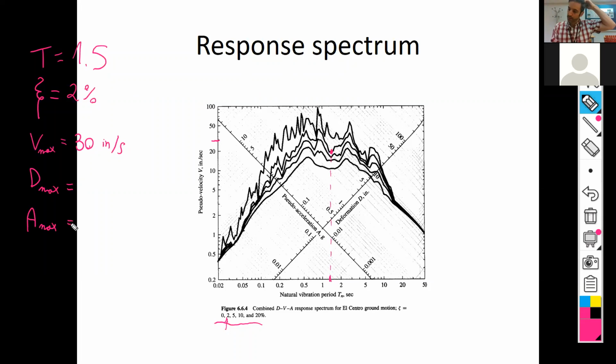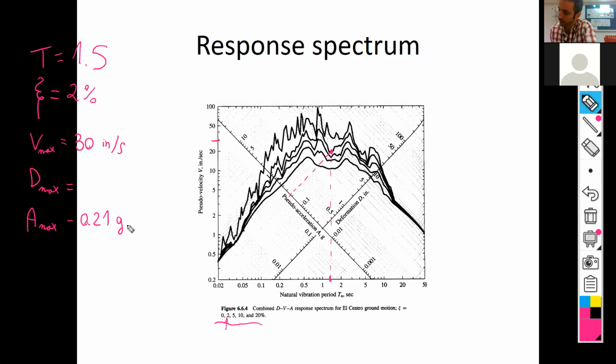Well, you can see here we have the maximum displacement in this very strange diagonal axis, and the maximum acceleration in this very strange diagonal axis on the other diagonal. So if I read these values diagonally like this, then I would arrive at a maximum acceleration of 0.21 g.